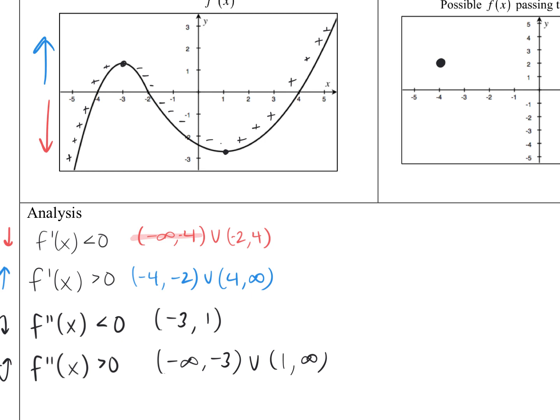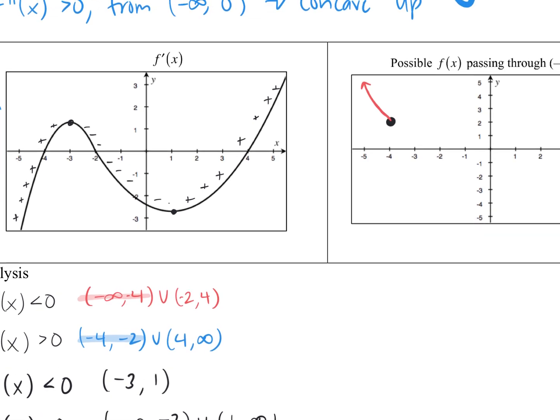So that means I'm going down all the way until this point. Because I have to go through that point, it said, right? And then at negative 4, what do I switch to? Increasing. So from negative 4 to negative 2, I'm increasing.